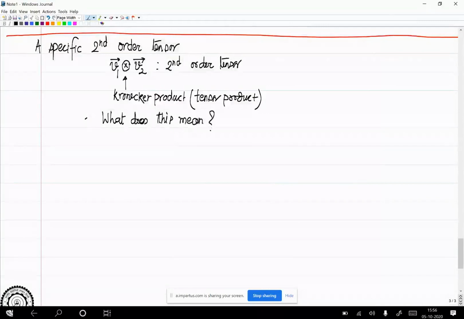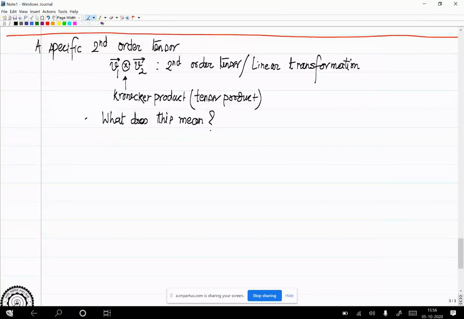This will be clear when we know how this second order tensor, or linear transformation, acts on any arbitrary vector. To know what a linear transformation is, we have to know how it acts on an arbitrary vector.